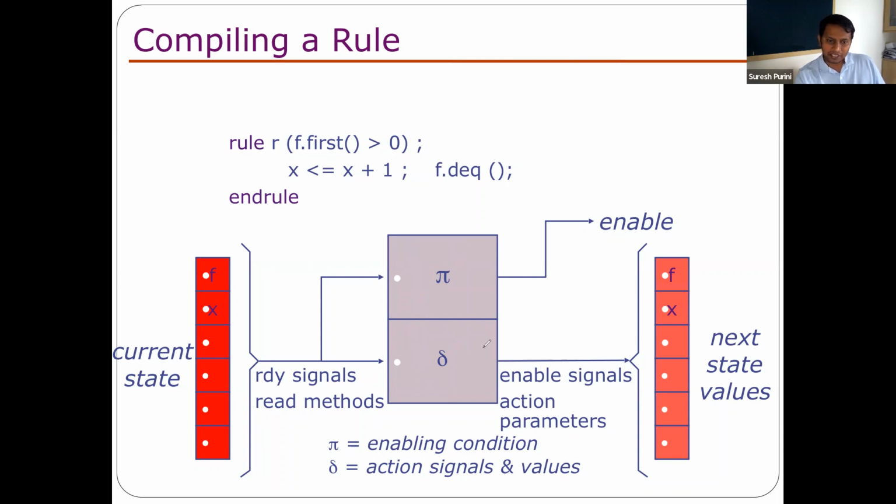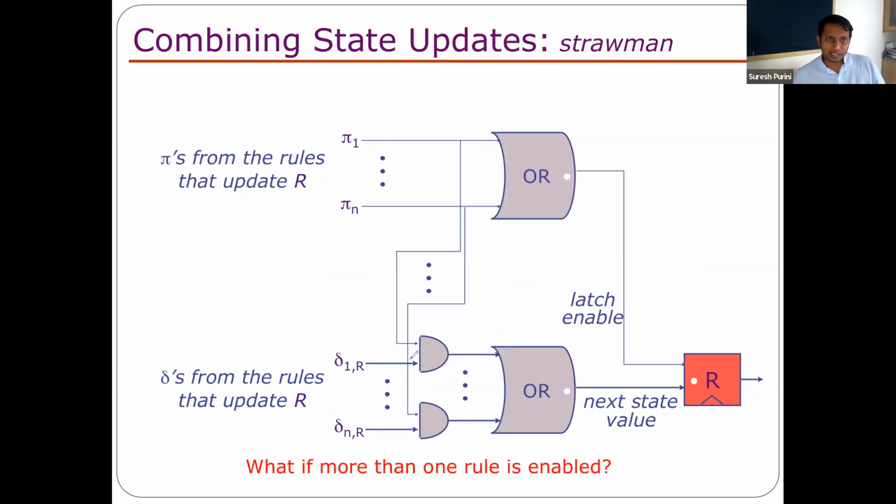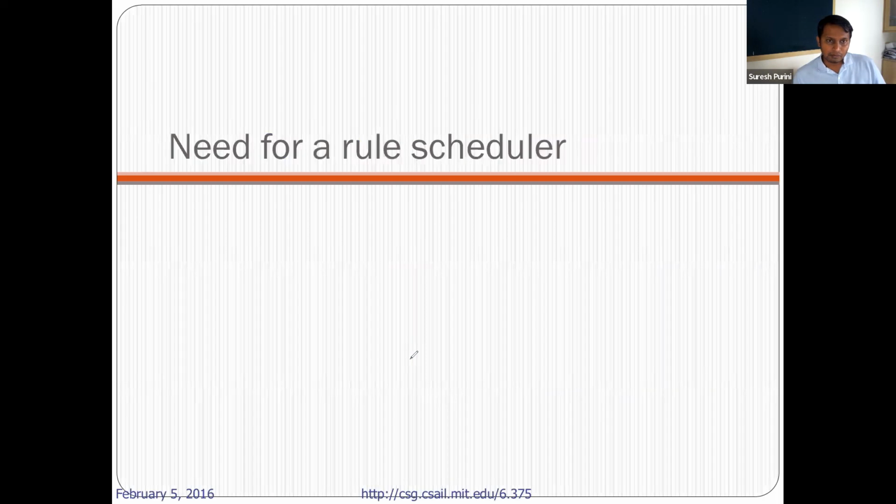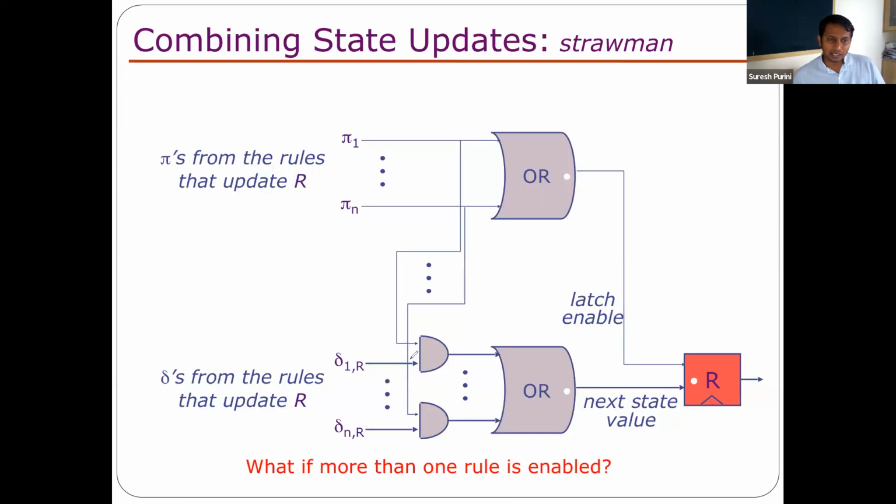Roughly this is what happens: there is a current state, we move from the current state to the next state, and only those rules whose predicates are true will be enabled. Among the rules, let's say Ri1, Ri2, and so on up to Rik, that are enabled, if they don't conflict with each other, then all of them can be scheduled in the same clock cycle.